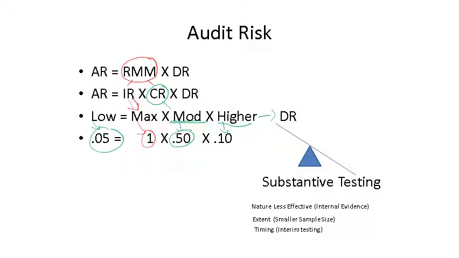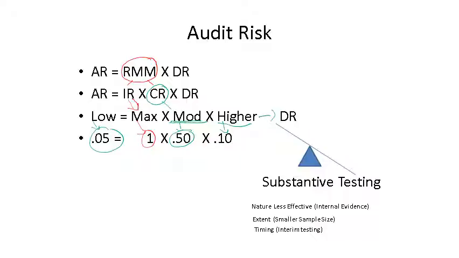You don't say you have a high detection risk, but a higher detection risk at 0.10 now, because of our satisfaction with the controls being pretty good, and our audit risk would still be at 0.05.